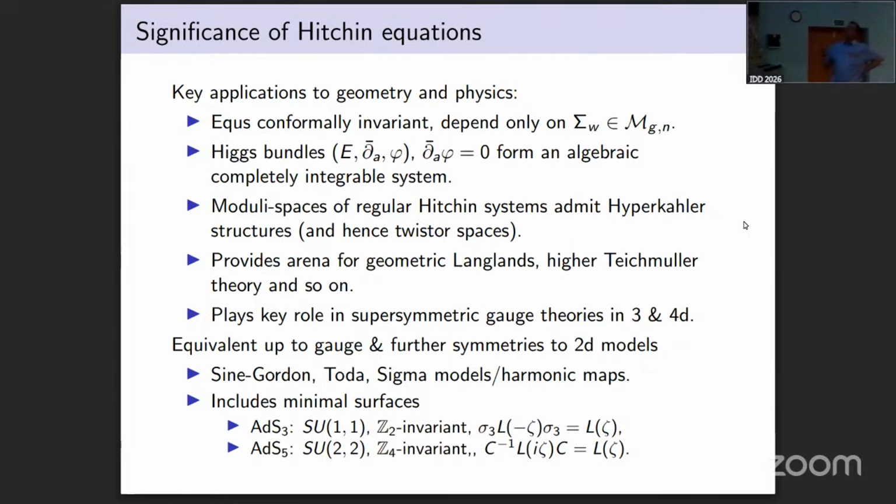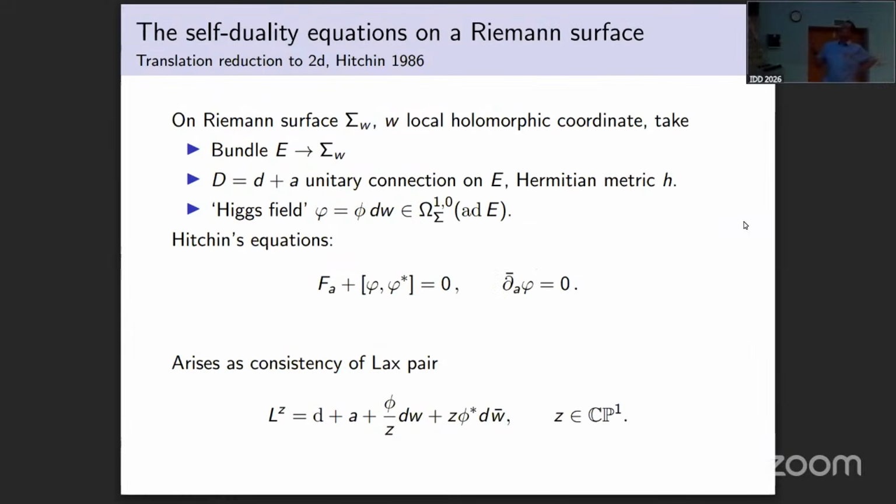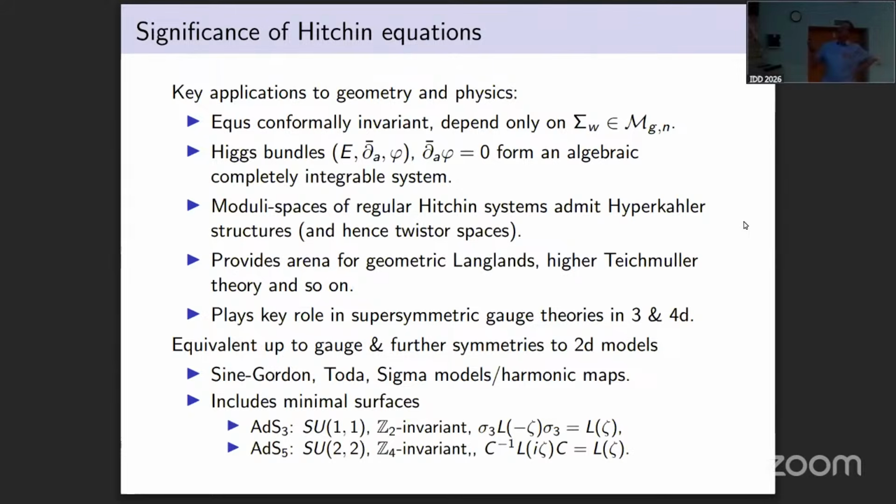Then one of the things that Nigel noticed was this: if you throw away part of the equation here, this D automatically defines a complex structure on the bundle over the Riemann surface. And you can impose the condition that d-bar phi is 0 without mentioning the rest of the Hitchin equations. And he then studied the moduli space of Higgs bundles. That's a finite dimensional space.